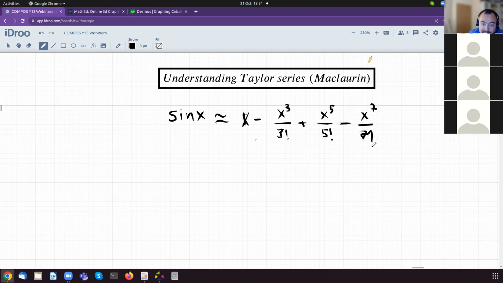I hope you see the pattern, plus etc., plus x to the power 2n plus 1 divided by 2n plus 1 factorial.